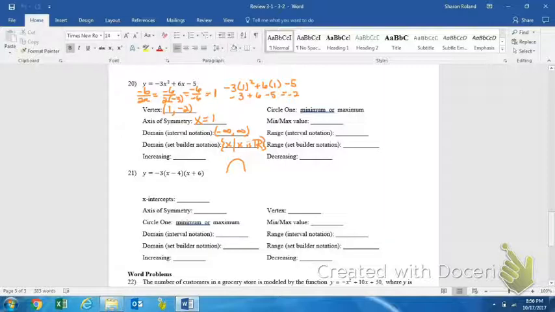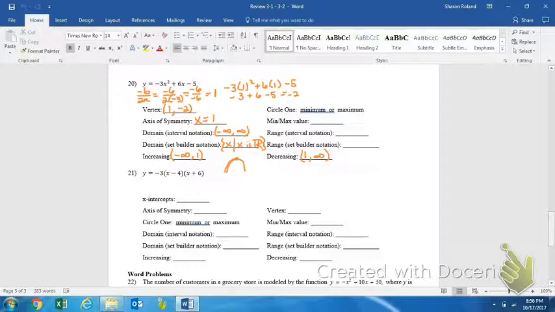It's going to increase from negative infinity until the x value of the vertex, which is 1. It will decrease from 1 to positive infinity.